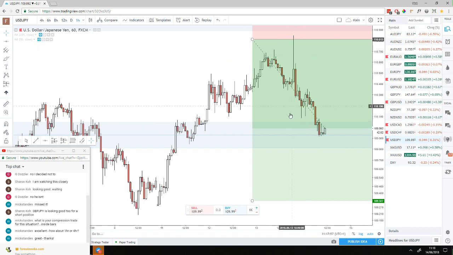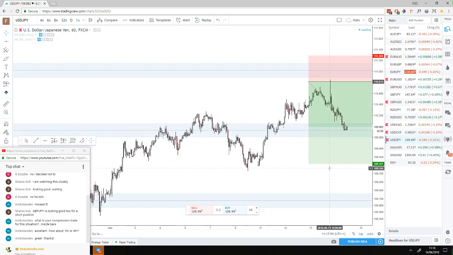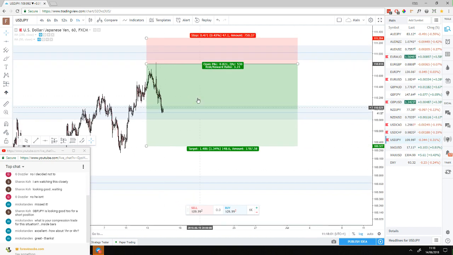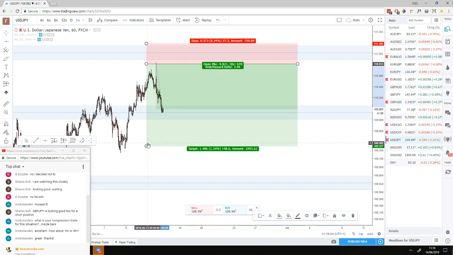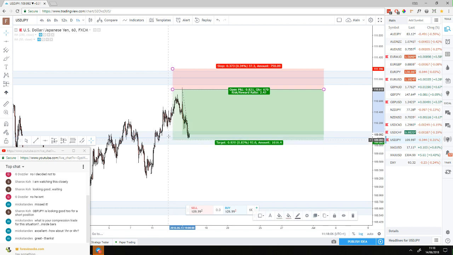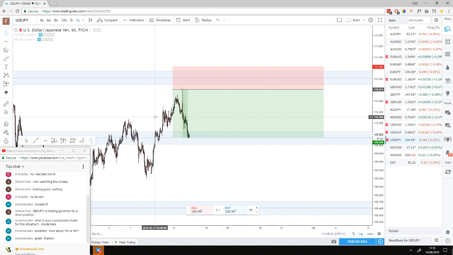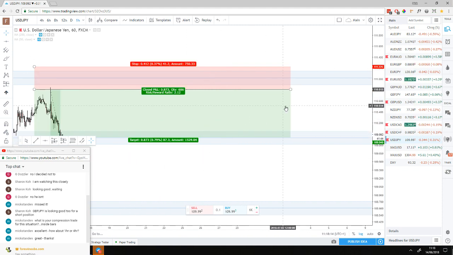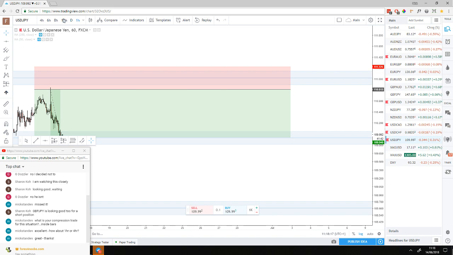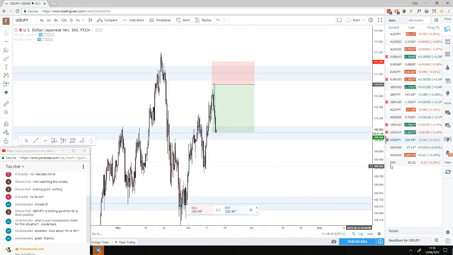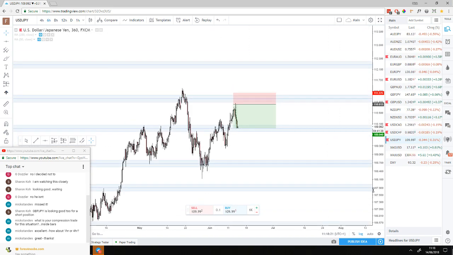So I'm short on this one, which is already at, I think my stop's a bit tighter than that, but it's already at 1 to 2. So I'm already considering getting out of this one.